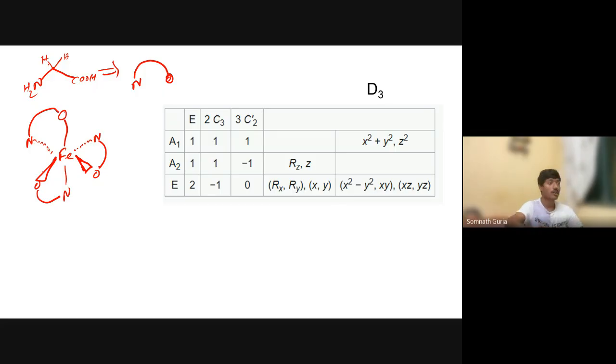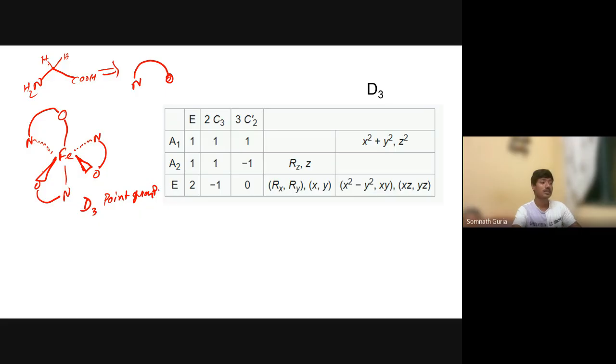This is the iron glycinate. So let's try with that. Is there any C3 or not? This molecule is a D3 point group.